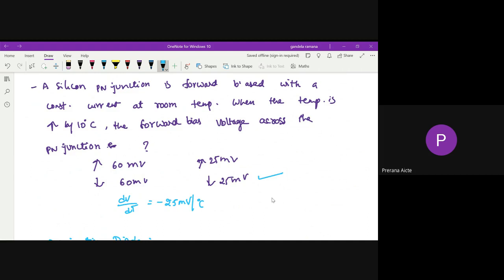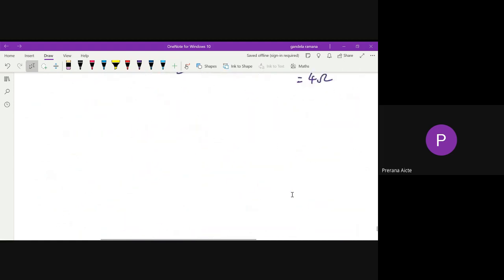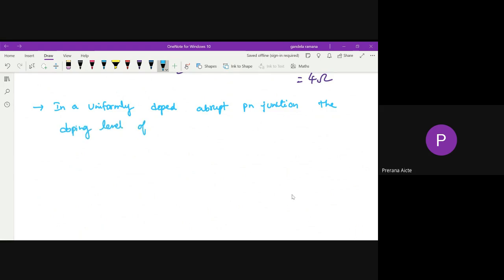So another problem is: in a uniformly doped abrupt PN junction, the doping level of the N side is four times the doping level of the P side.